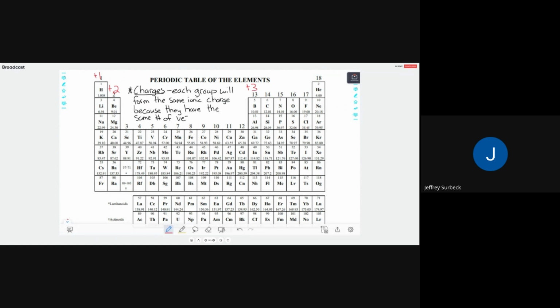Carbon starts our top of the mountain, I'll call it. This could form a plus or minus 4 charge. Group 15, they have 5 valence electrons. They need to gain 3 valence electrons, so they would have a -3 charge. Oxygen's group, a -2 charge, and then fluorine's group, a -1 charge.